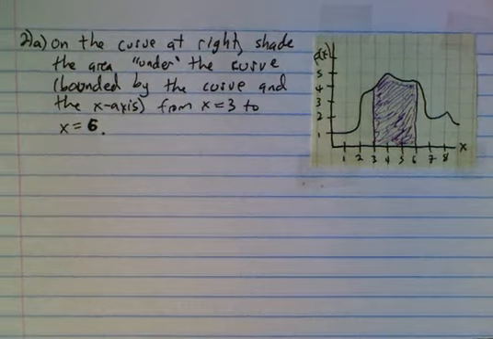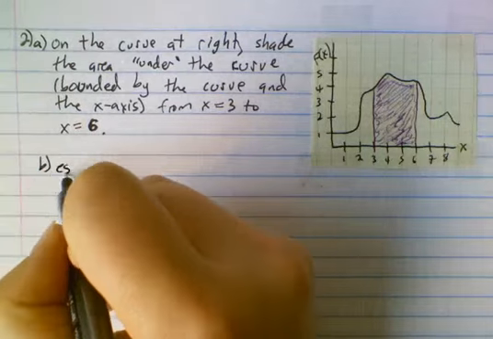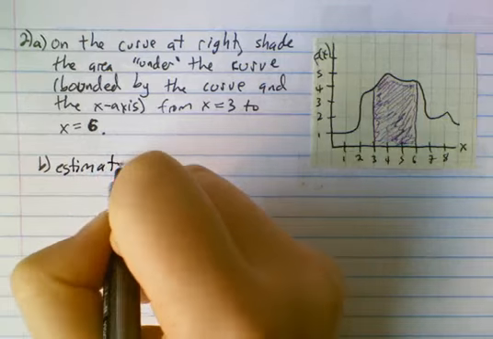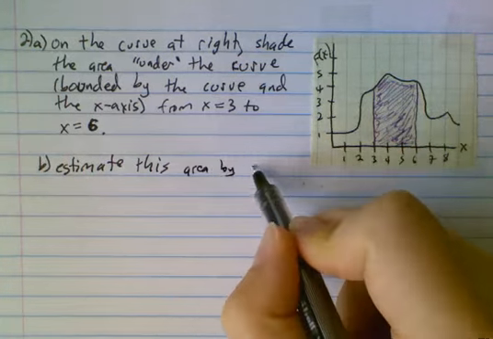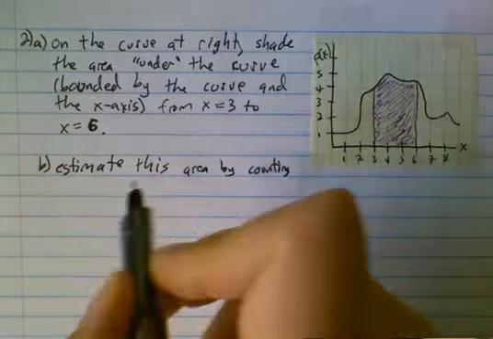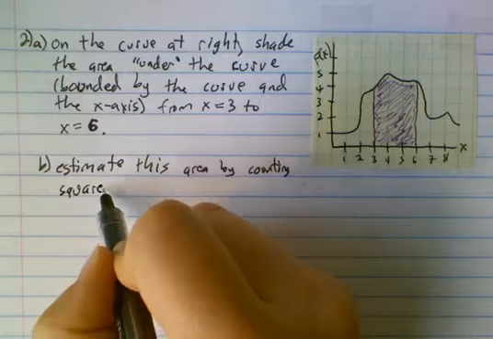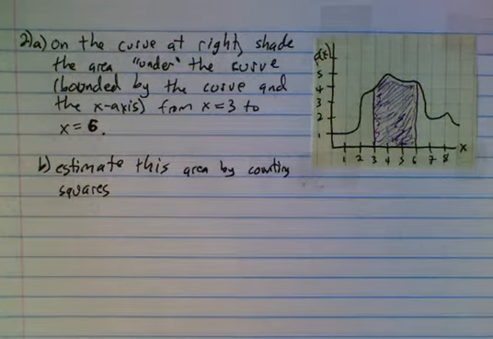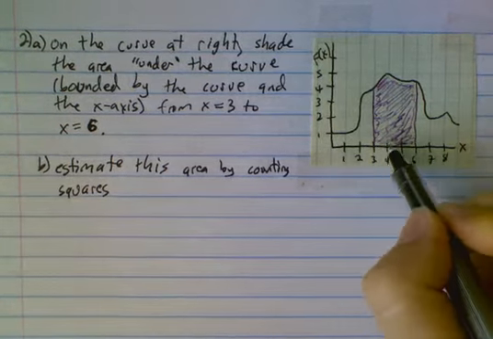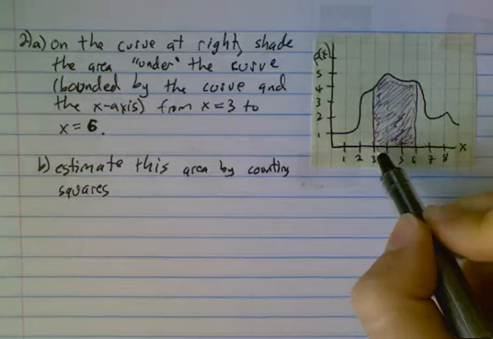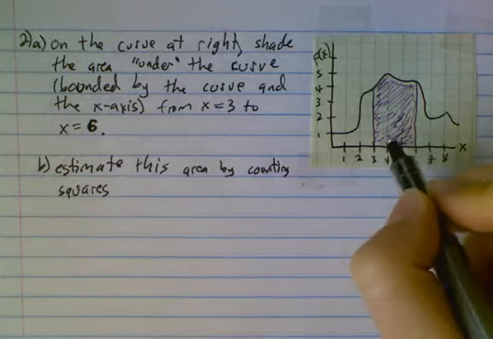Now, similar to what we were doing before, let's estimate this area by counting squares. You might not come up with the exact same number that I do, but it should be in the right general vicinity. Each square is 1 unit wide by 1 unit high, so it's 1 square unit.